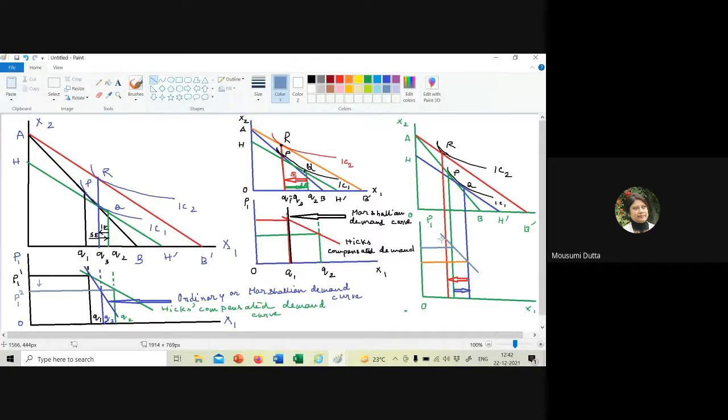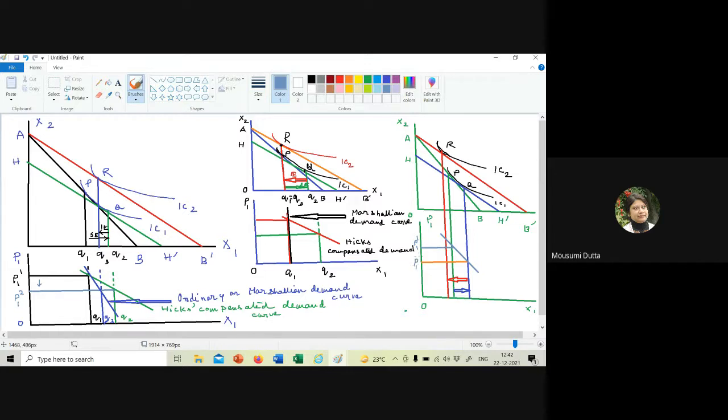We derive this demand curve. So this demand curve is based on the substitution effect of relative price change. This is the Hicks compensated demand curve. So let me mark the points. This is P11.